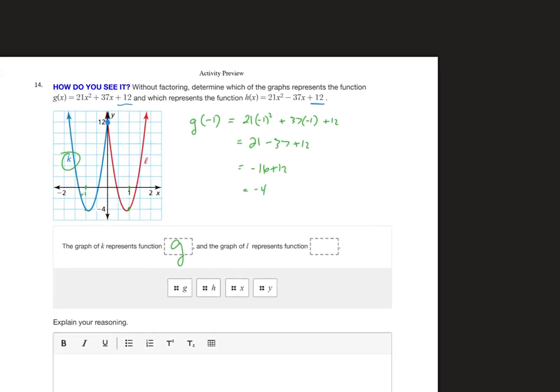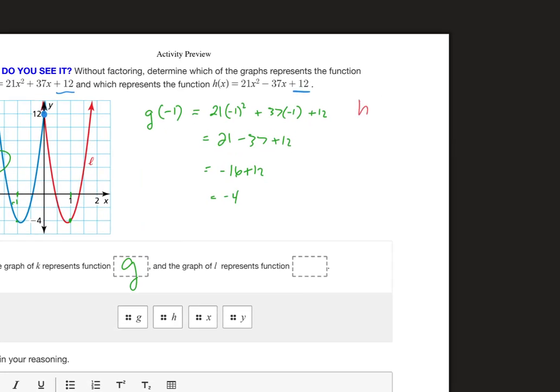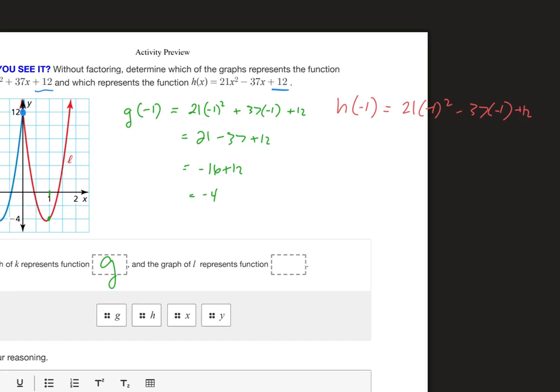I mean, we could go ahead and do the other one, but you know what? Just for the sake of showing you what's going on, I'm going to plug in h of -1 and watch what happens here. 21 times -1 squared minus 37 times -1 plus 12. And if you're like, why is he doing this? I'm just showing you what will be the outcome.